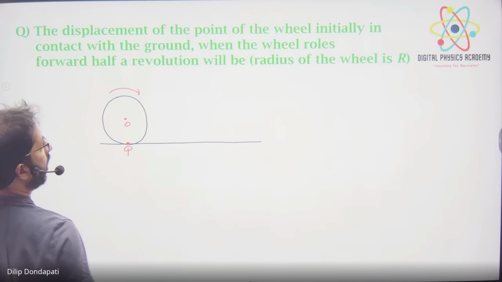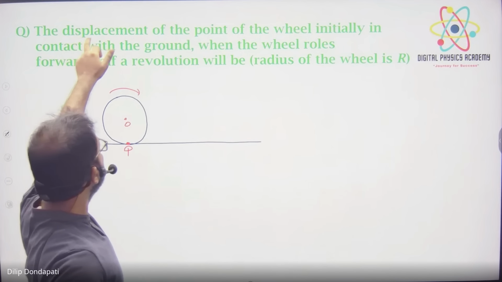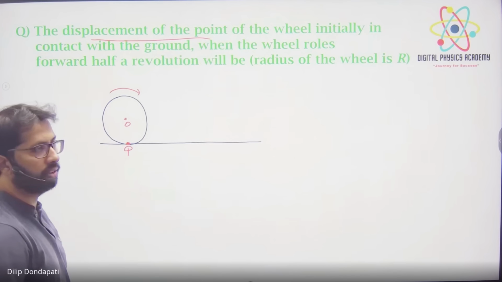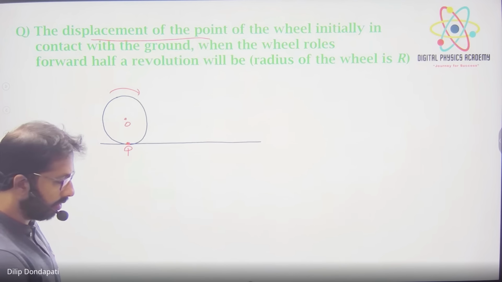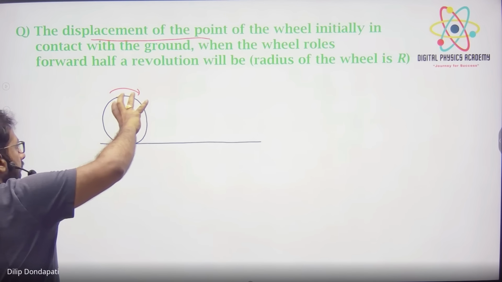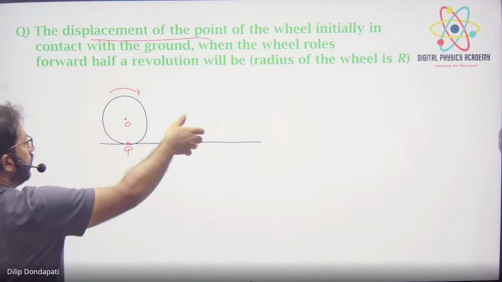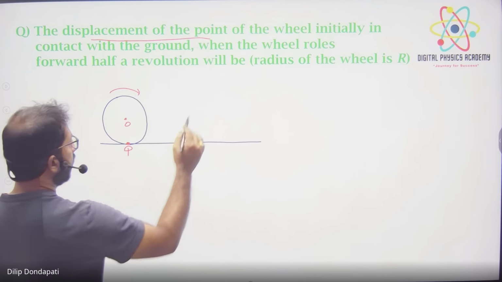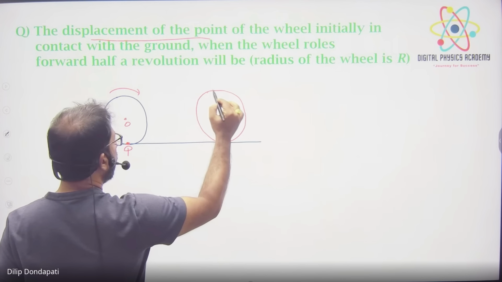After half rotation, he is asking the displacement of the point P. Did you understand? When the point P completes half a revolution, where will it be? On the top of the circle. This is a point; I call this P dash.